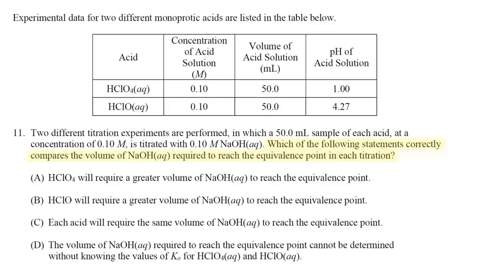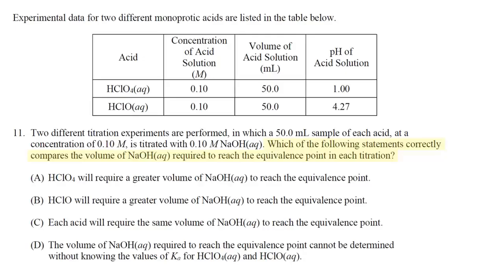So, for some reason, students seem to think that a strong acid should require more sodium hydroxide to reach the equivalence point, and then they think that a weak acid should require less sodium hydroxide to reach the equivalence point. But that's not true. That's a misconception.